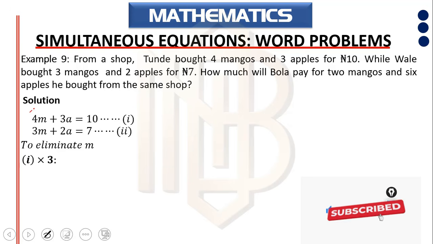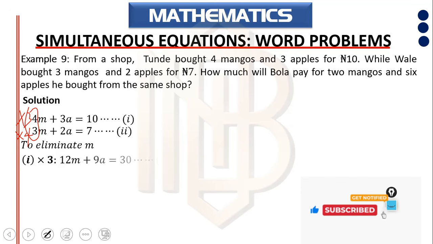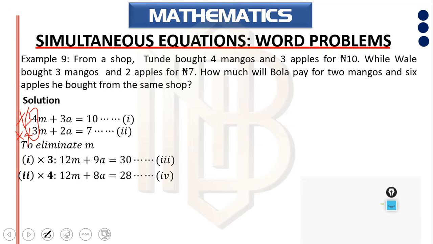That means there will be a flipping of their coefficients. This one will be multiplied by 3, and this one will be multiplied by 4. So multiplying by 3 will give us this, and multiplying by 4 will give us that.